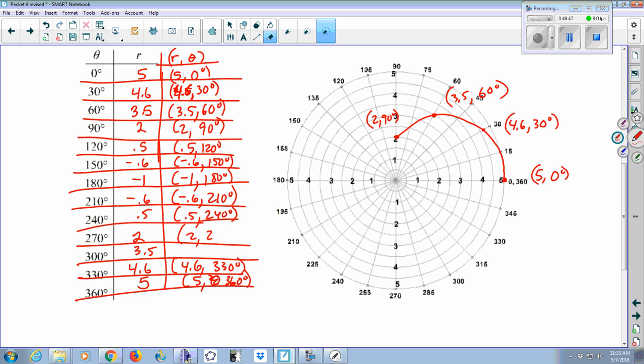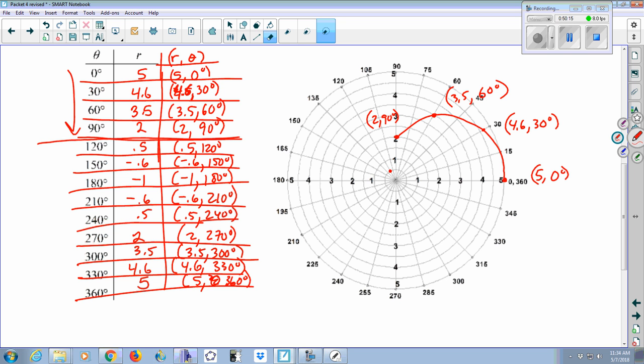Some of these are going to be a little tricky to graph because they're those negative ones, so let's do these together. We've graphed the first 1, 2, 3, 4 points, right to here. Point 5 is at 120 degrees. So we're coming in at this angle right here to 0.5. There's 0.5 at 120 degrees.